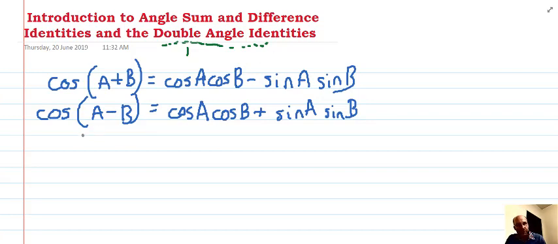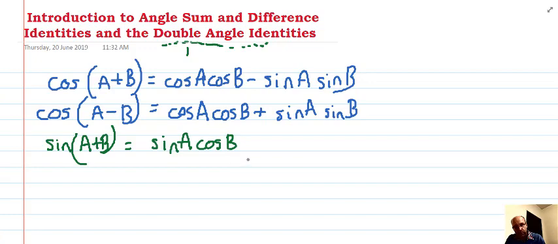Angle sum and difference identities for sine are as follows. So if we have sine of a plus b, an angle sum, we have sine of a times cos of b plus cos of a times sine of b.